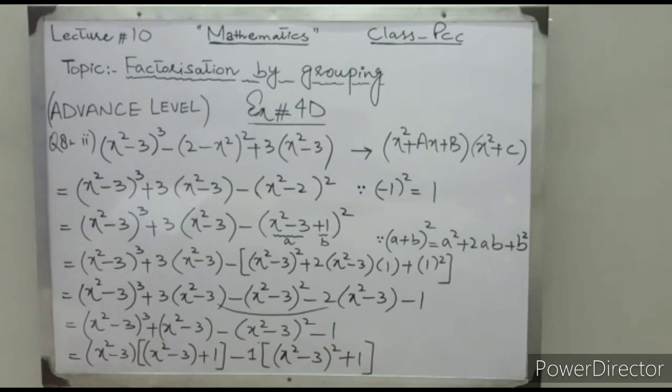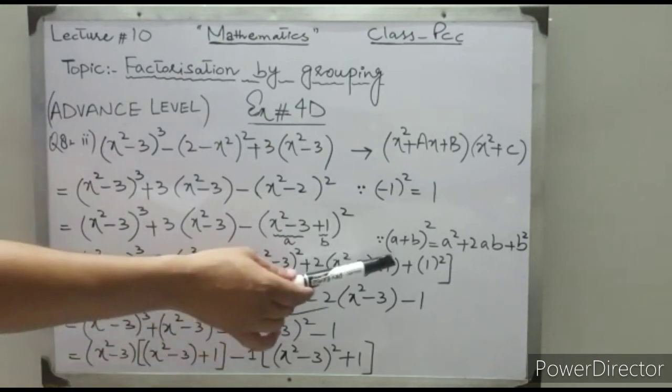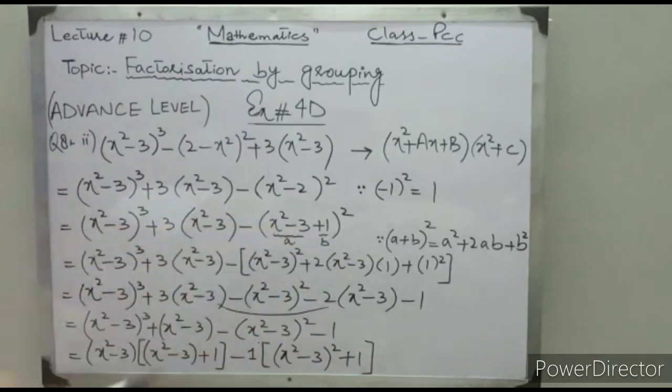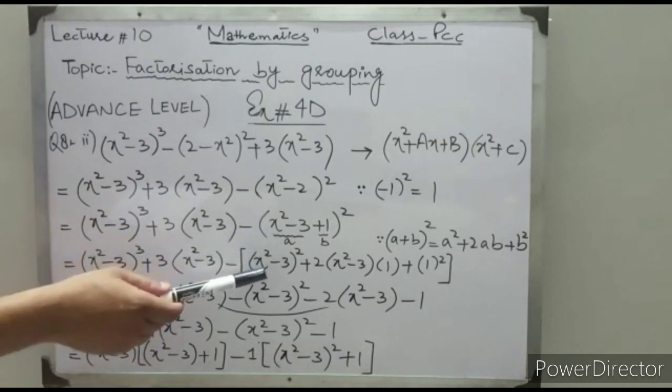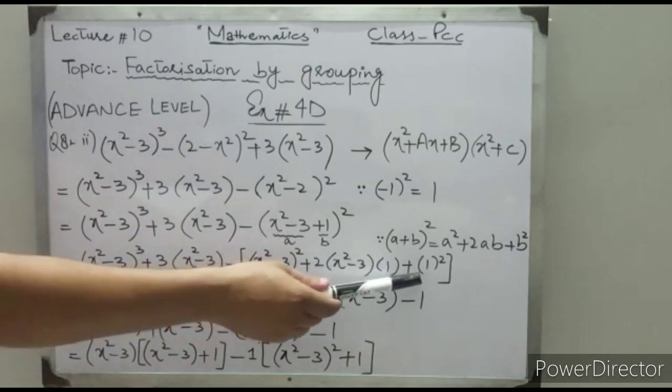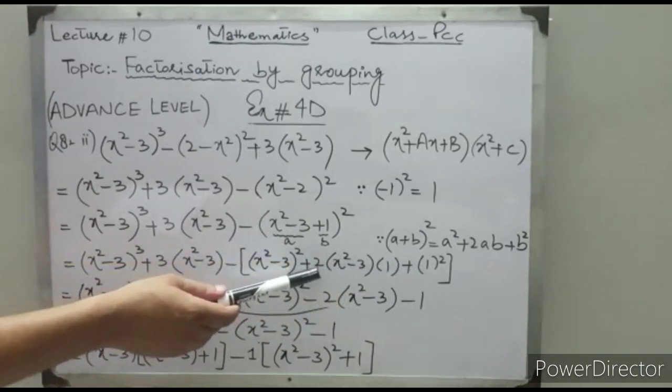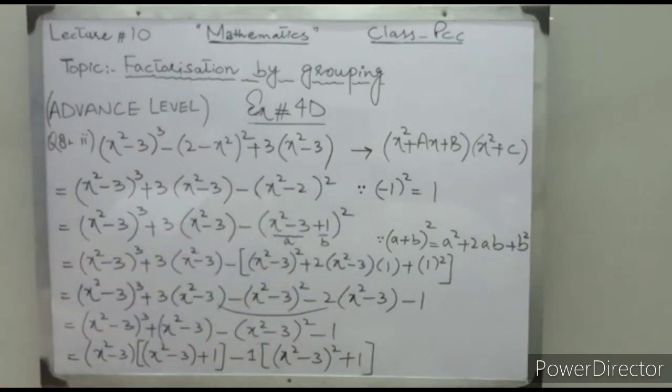Now by using the first identity, (a + b)² = a² + 2ab + b², we may apply this identity on this expression and expand it. First of all a², this is b², in the center we have 2ab.